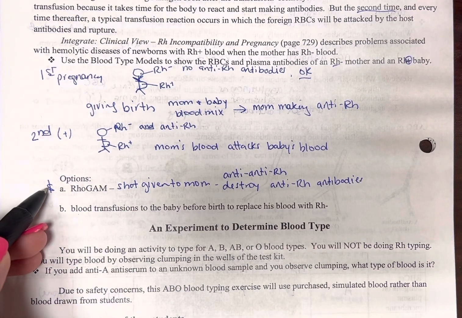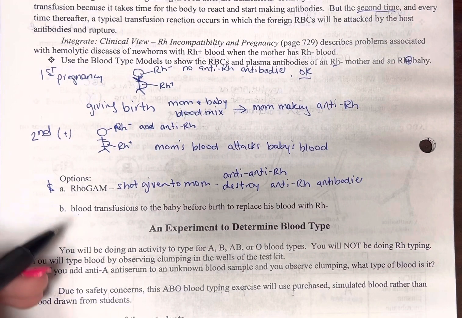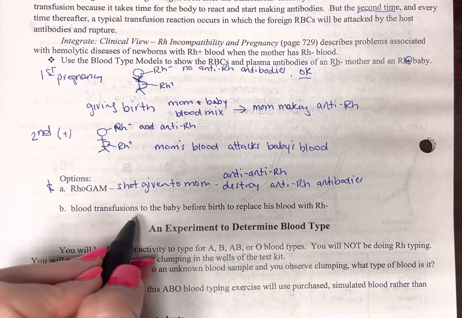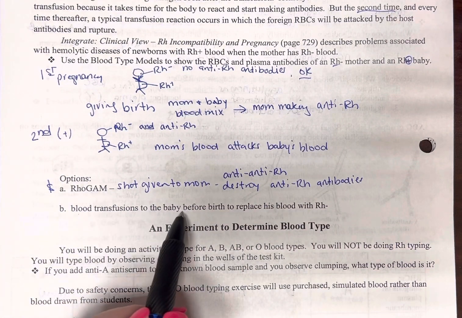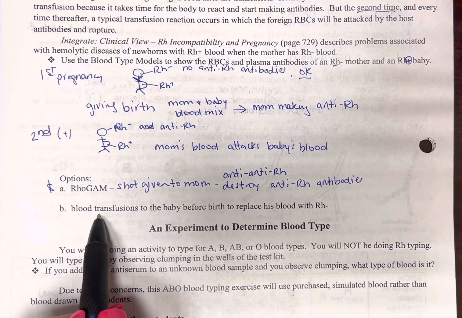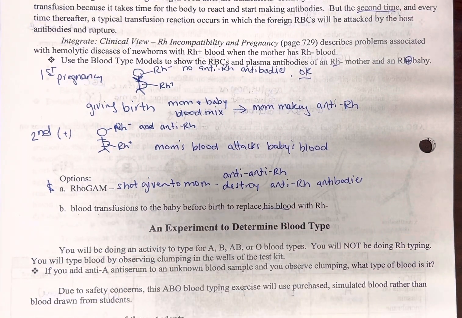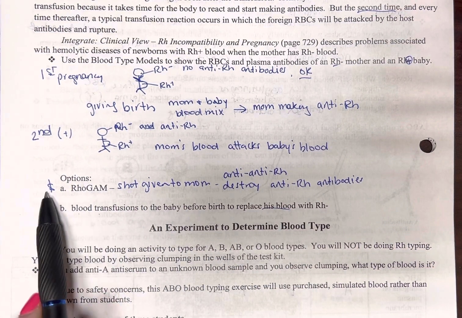Now, if that's not an option, either due to cost or availability, so again, if you are not in the US or you're elsewhere, the baby can get in utero blood transfusions to replace the blood. So that can be done. And they'll usually have that on hand, particularly right after birth. But this is riskier. This is the best option.